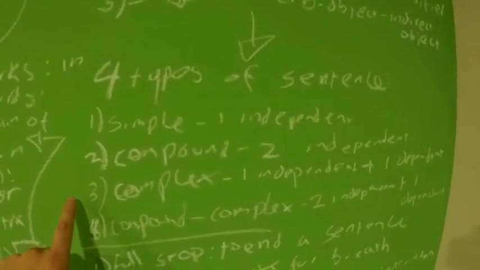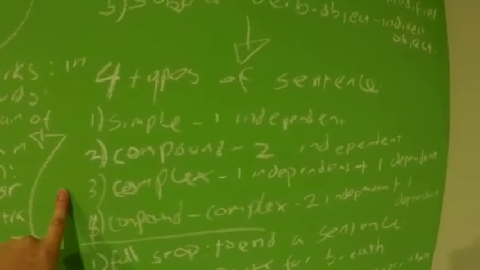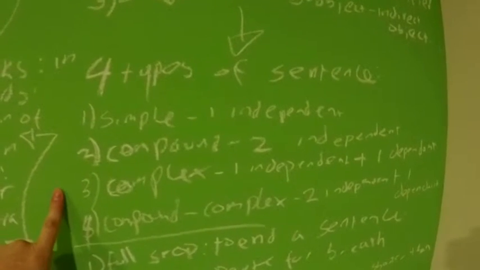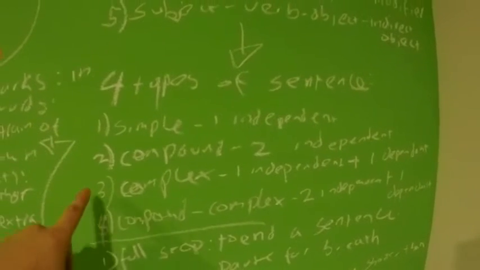Okay, so basically once you get to this bit, you know how to communicate. Okay, you're making intelligible sentences that have meaning, that people will recognize in the English-speaking world.